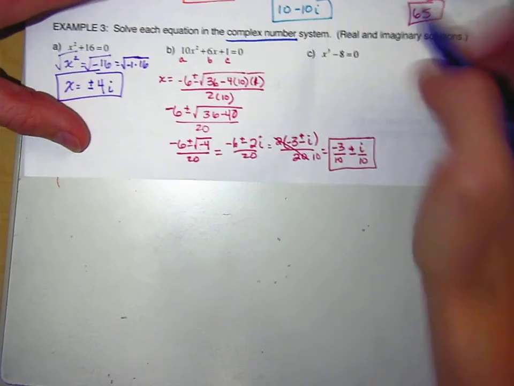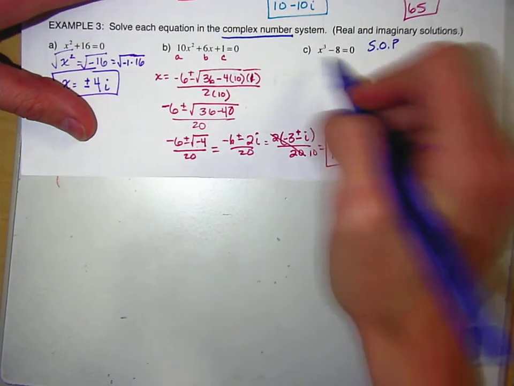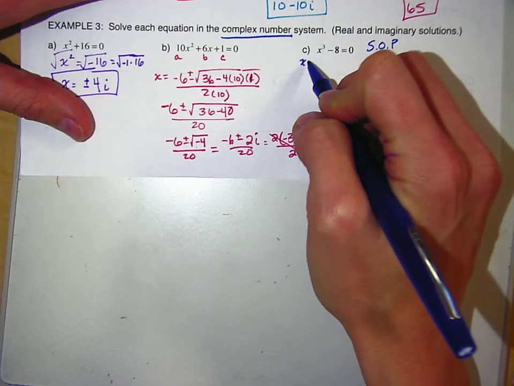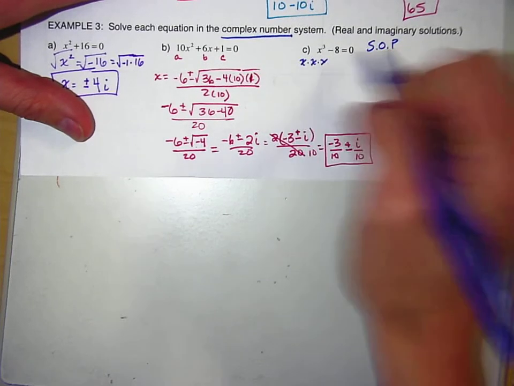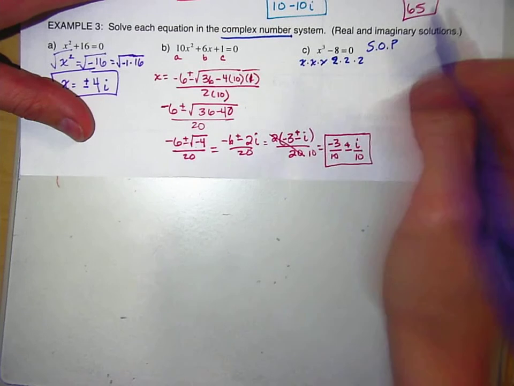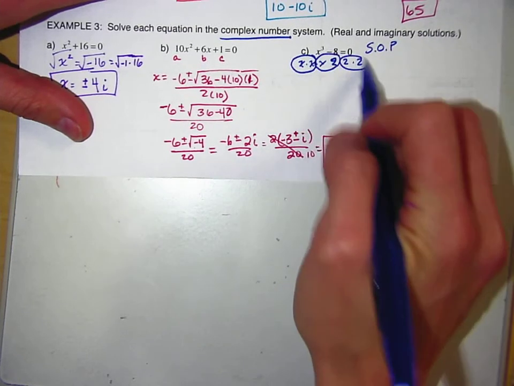So if you guys remember SOAP, the cube root of x cubed is x, and the cube root of 8 is 2. So here's our first term, our second term, our third term.